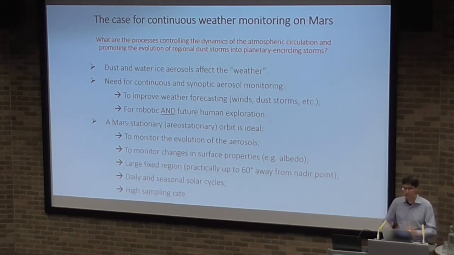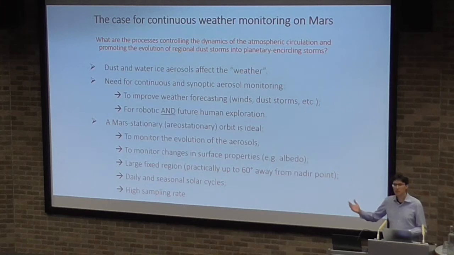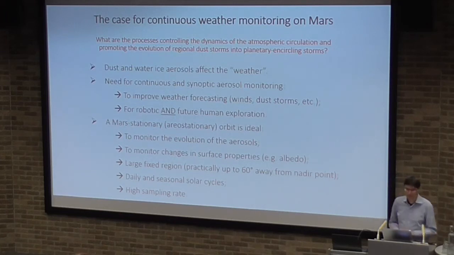Dust storms and clouds, all this is weather. We need to monitor the weather continuously because mainly we want to improve weather forecasting on Mars. And why do we want to do that? Because we are sending robotic missions, and in future, hopefully, we're going to send humans there, and we want to know where a dust storm is passing over your head. It's better to know.